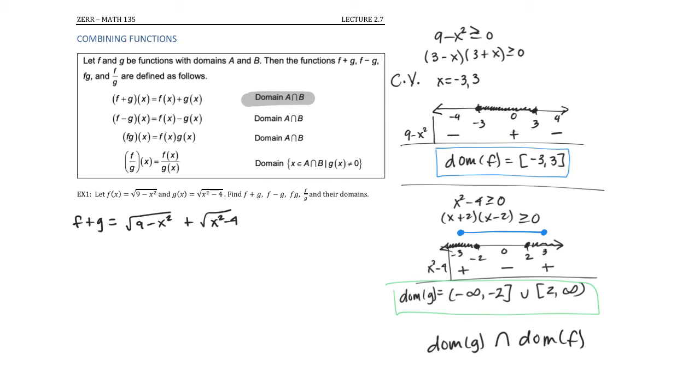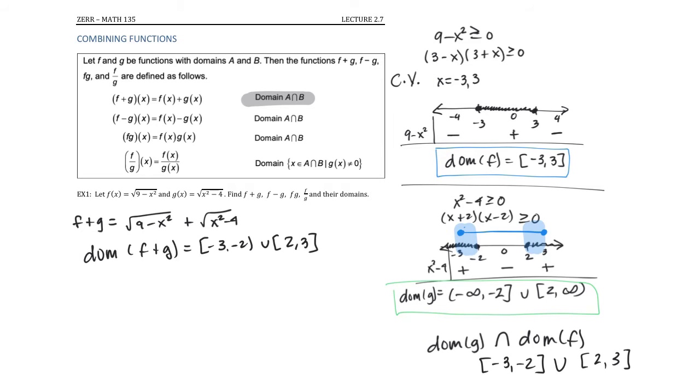So when they happen at the same time, it's just this little section right in here and right in there. Okay, so those combined would just be from -3 to -2, or from 2 to 3. All right, so that's an important part of that.